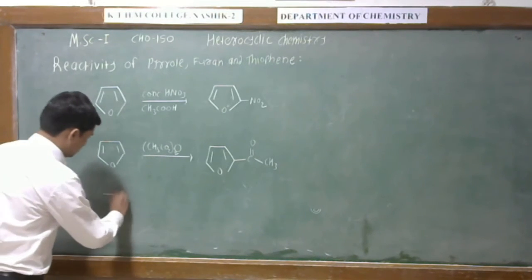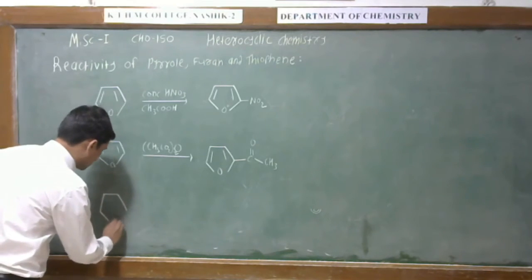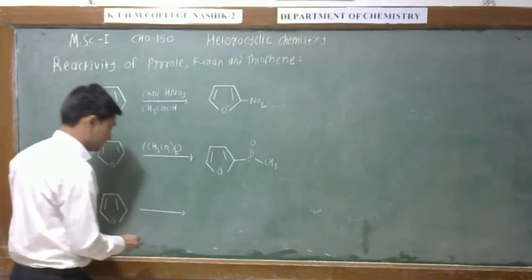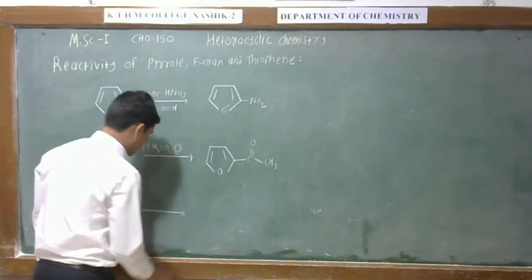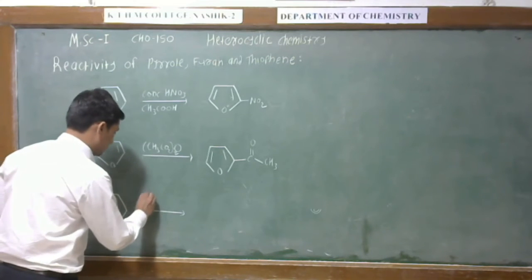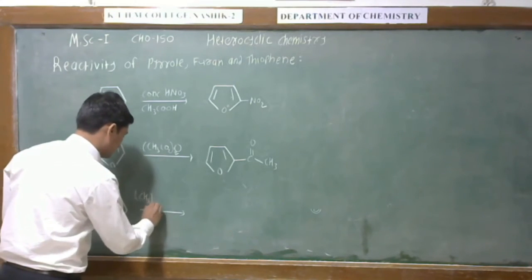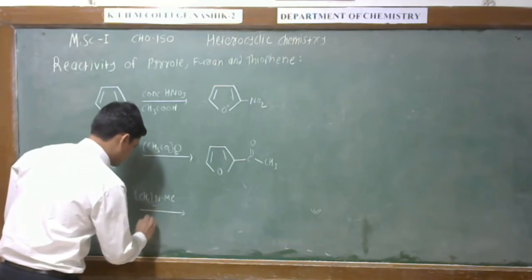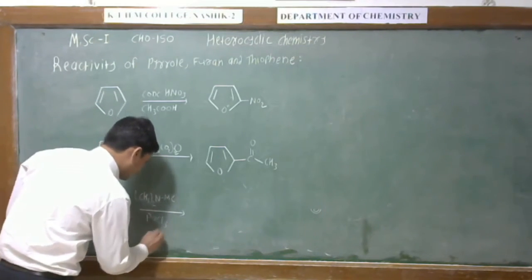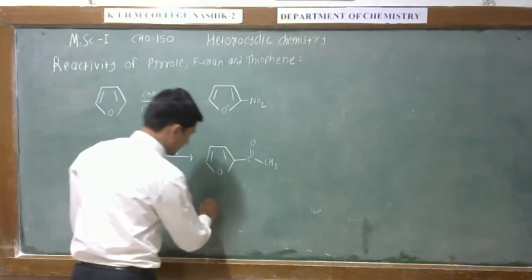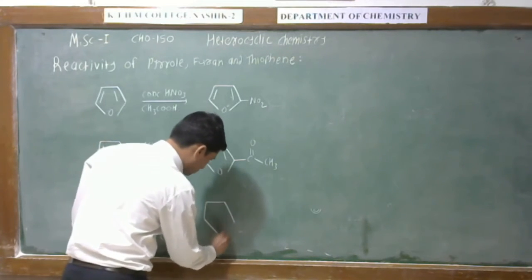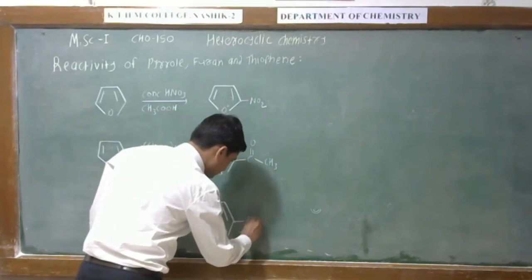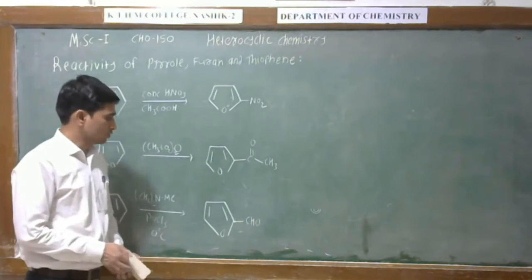When this pyrrole undergoes the formylation reaction, in the Vilsmeier-Haack reaction, dimethylformamide reacts with POCl3 at 0 degree Celsius, then it gives 2-formyl pyrrole, that is CHO at the 2 position.